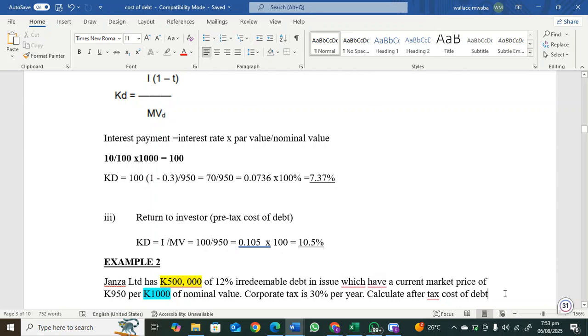Yes. So can we try this question here? Calculate the after-tax cost of debt. Here's the formula. Get the interest payment. That's the only thing you need to tabulate.